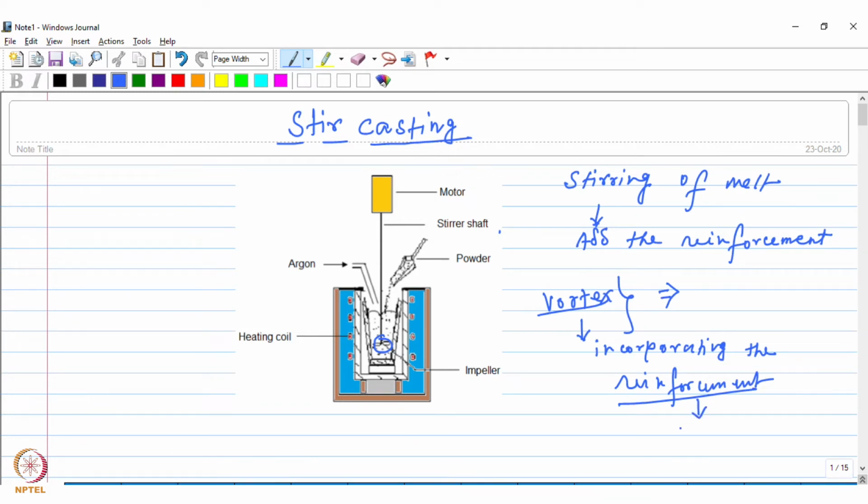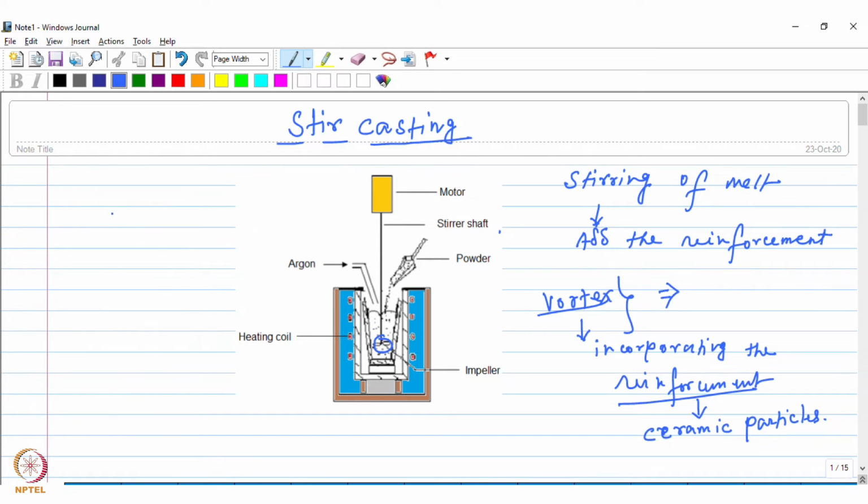I will come to that in a moment. Let's say you are adding ceramic particles as the reinforcement. The vortex created due to the stirring of the melt by the mechanical impeller will take these ceramic particles into the molten metal as you add the particles along the periphery of the vortex.